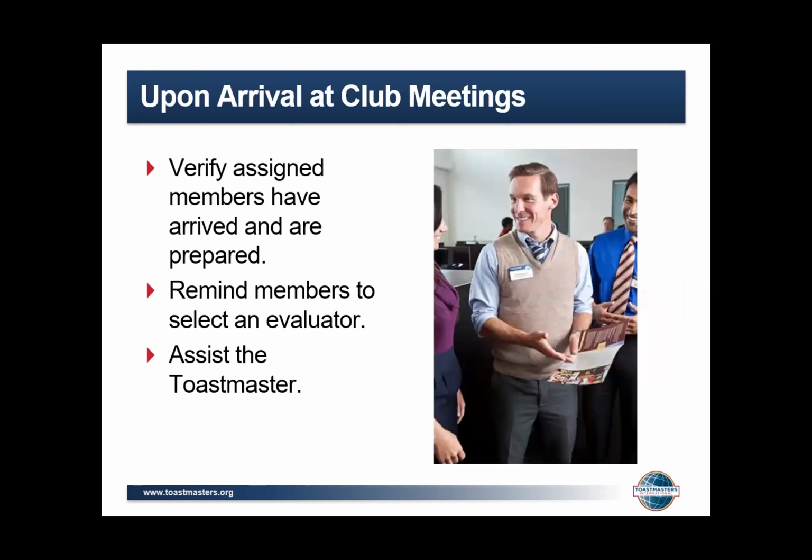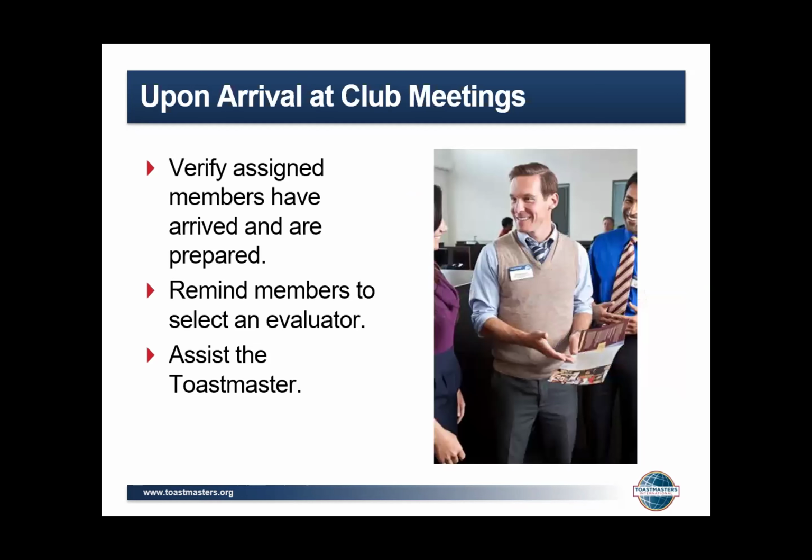Upon arrival at the club meetings as VPE, you remind members to select an evaluator, you assist the Toastmaster, but one of the very first things you would do as VPE upon arrival at club meetings is what? And this is not just incumbent on the VPE or any club officers.